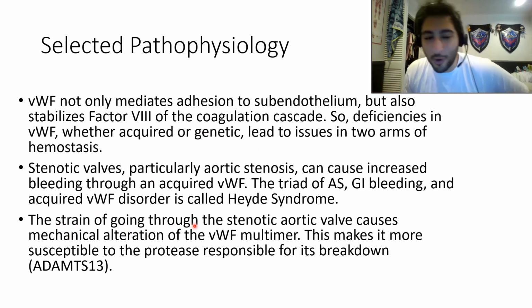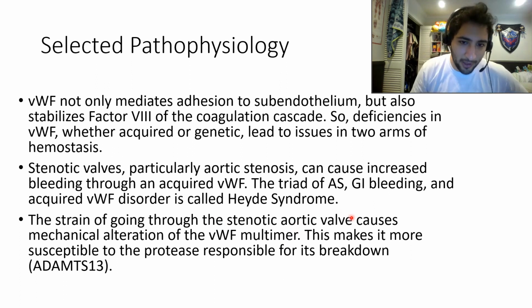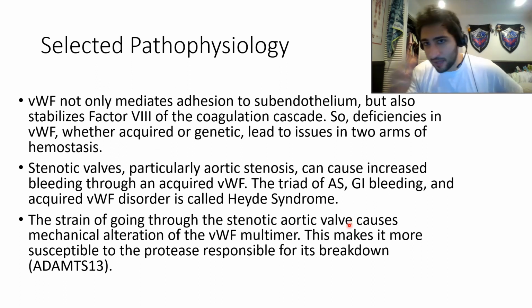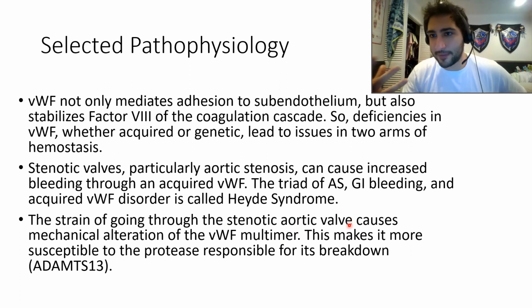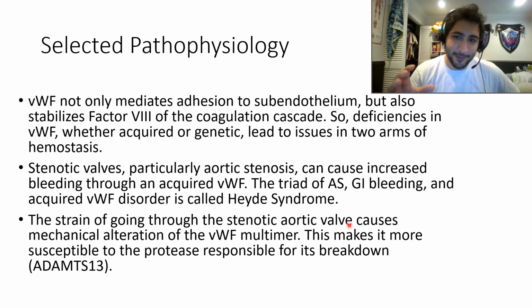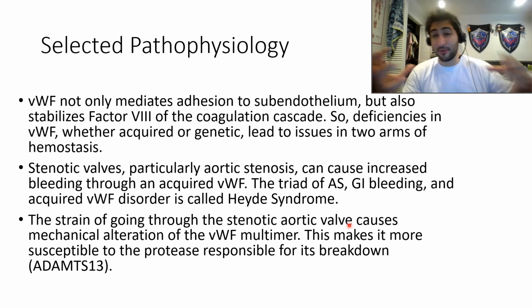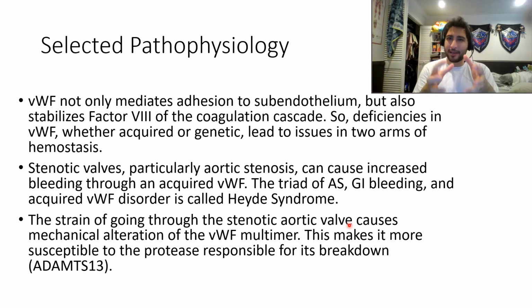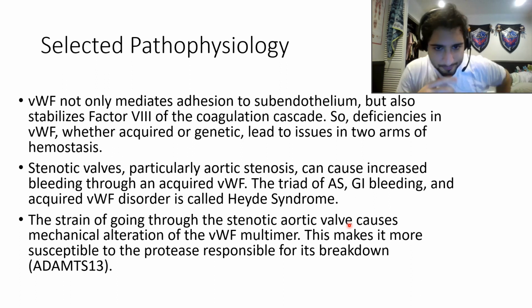The strain of going through a stenotic valve, or it can be a mechanical valve, it can be a hypertrophied left ventricle. Depending on where you are in your education, you might not know what HOCM is, hypertrophic cardiomyopathy. Anything that makes more shear stress on von Willebrand factor. Remember, von Willebrand factor is a multimer. It's kind of big. It's susceptible to shear stress, to mechanical distortion.